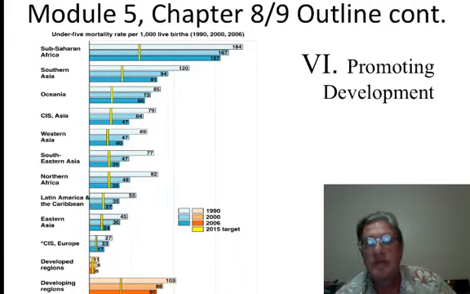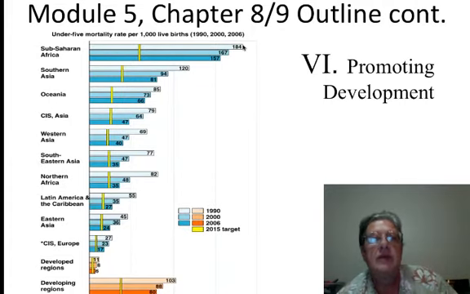An example of one of these goals is the one shown on this chart adjacent to my picture here. This chart shows the mortality rate for children under the age of 5. That is, how many children under the age of 5 will die out of 1,000 live births. As you can see, the numbers are fairly significant in the poorer nations of the world, sub-Saharan Africa, Southern Asia, and other parts of the world.